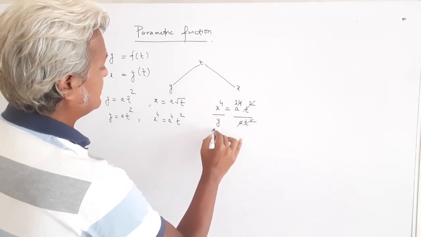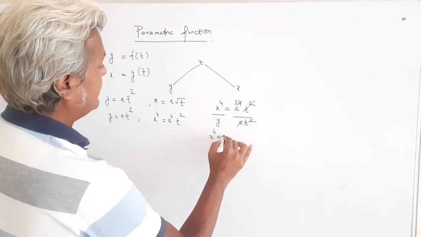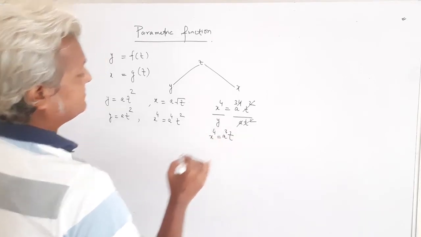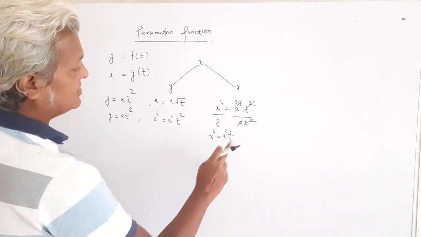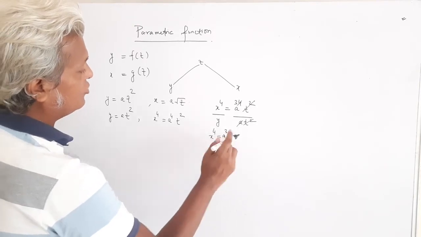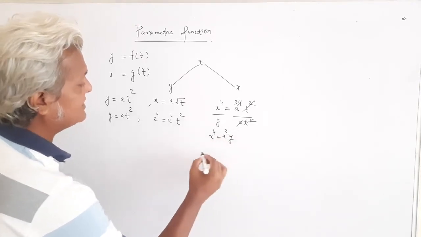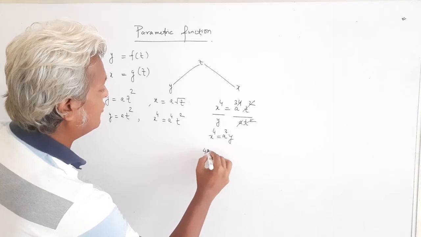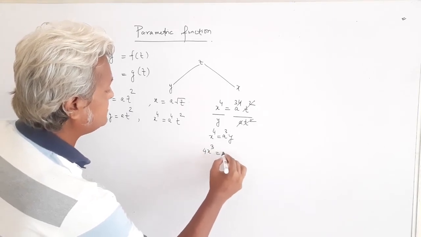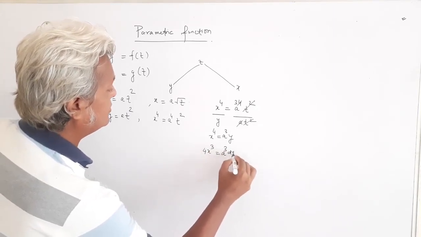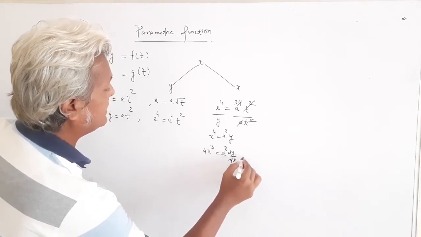So cross multiply, x to the 4 is a cube y, sorry, there is no t. If you find the differentiation, it will become 4x cube is a cube dy by dx.